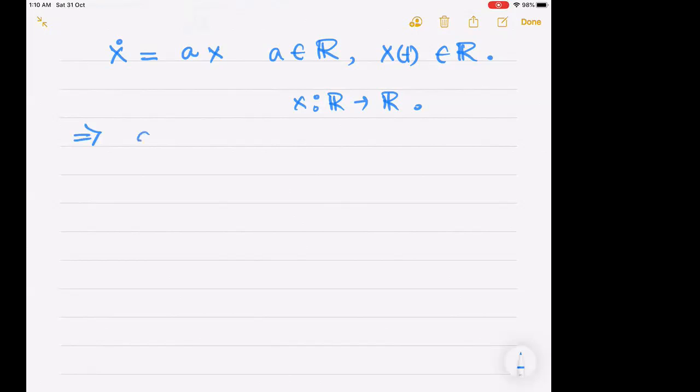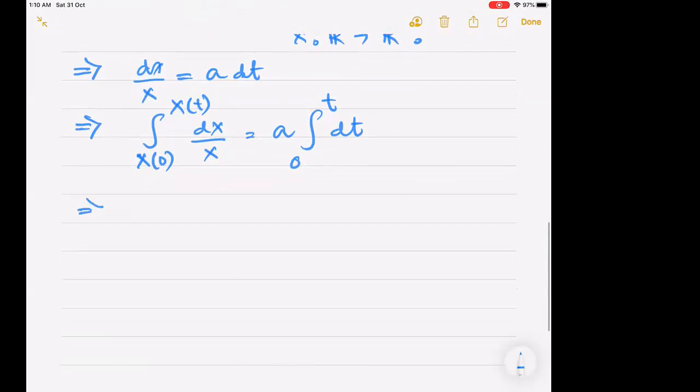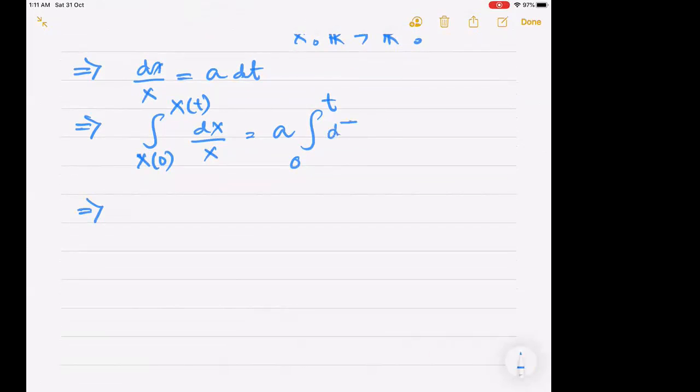This is dx/x = a dt, integrating from x(0) to x(t), dx/x equals a times the integral from 0 to t of d tau.